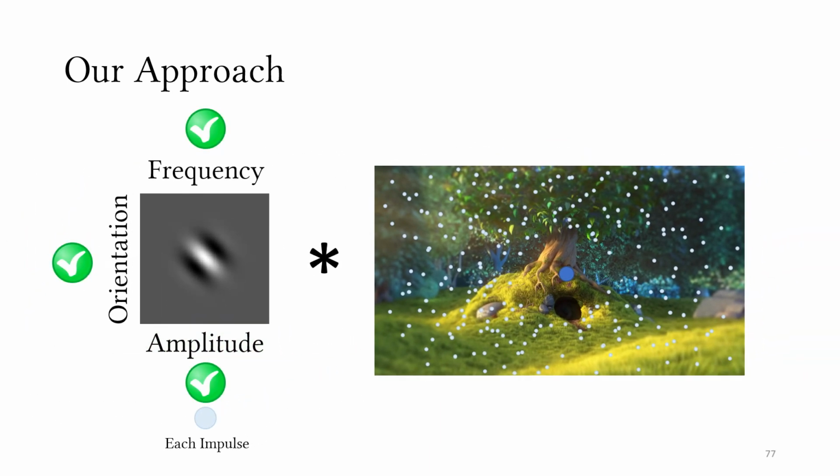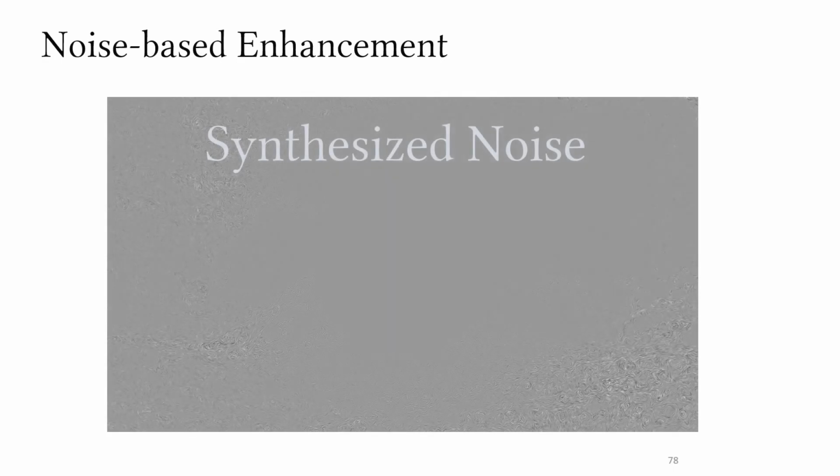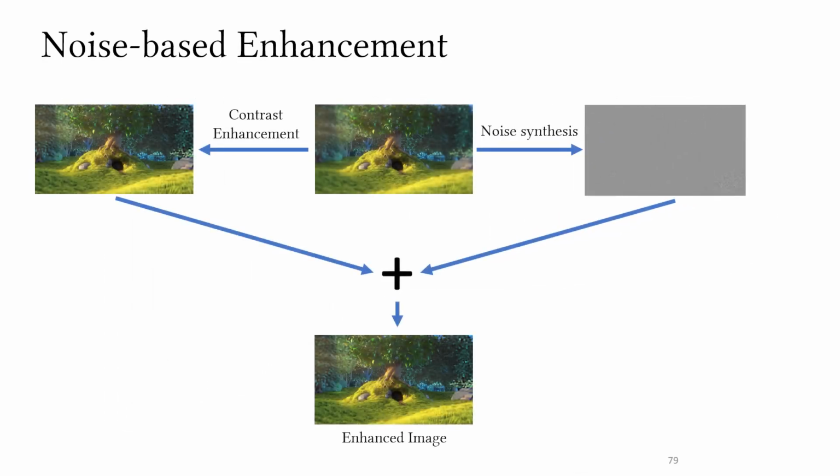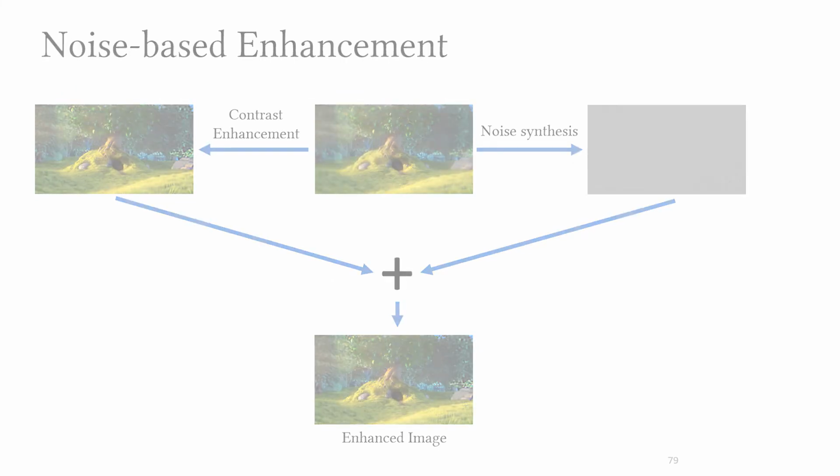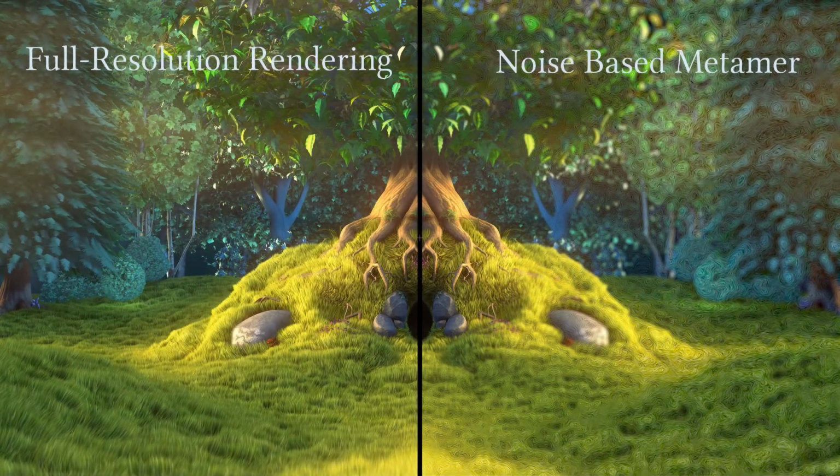So, now that we have all the 3 parameters for our Gabor patches corresponding to each impulse, we simply convolve the required Gabors with our set of impulses to synthesize the required noise. This noise is thereafter added on top of the contrast enhanced image to return our final output, which acts as a spatial metamer to the full resolution rendering.